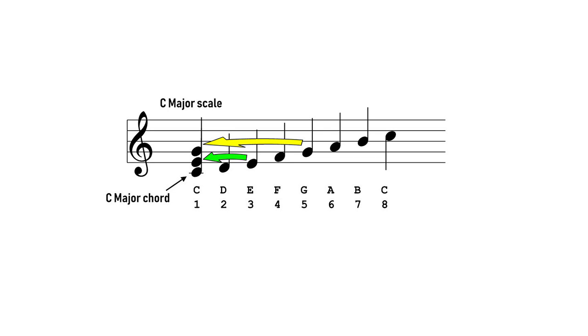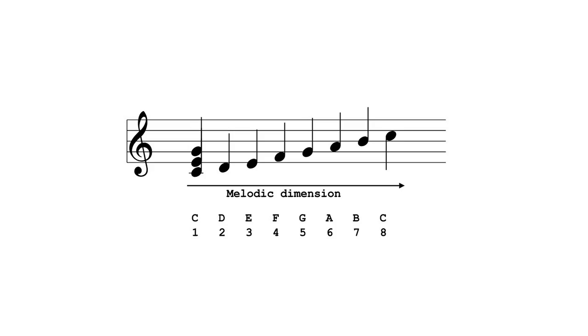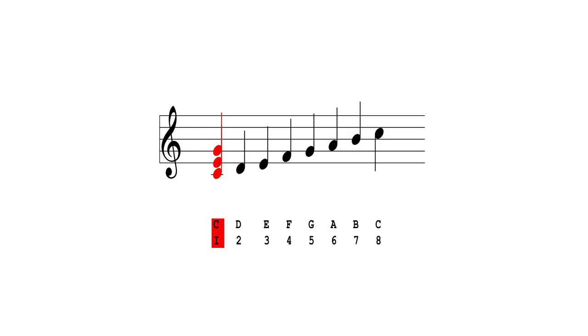In standard notation, the melodic dimension is shown horizontally and the harmonic dimension vertically. In the process we call harmonizing the major scale, we bring these two building blocks together by creating chords built on each step of the scale.